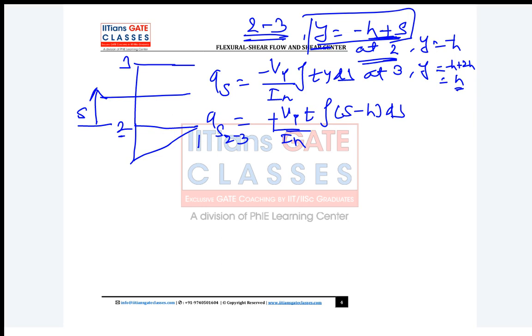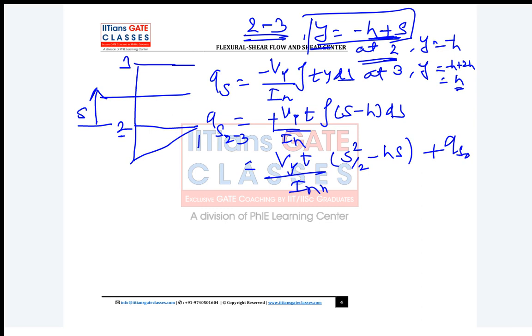Integrating, we get Vy t upon Ix, then s square by 2 minus hs. Is this integration correct? Then the integration constant.